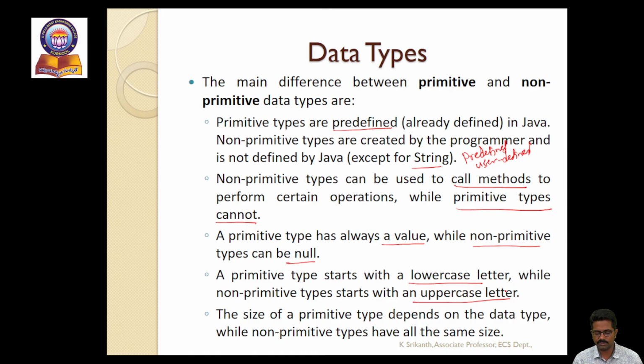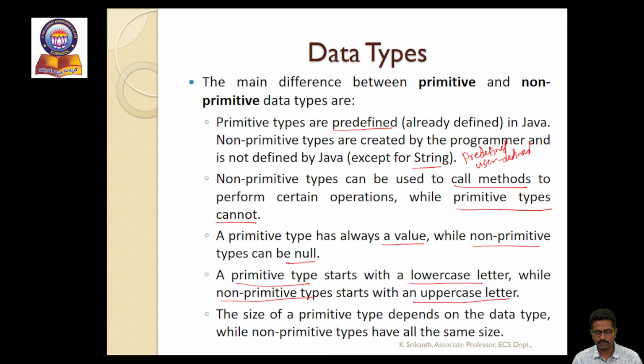It is a convention followed by the Java inventors. So by seeing the variable name, we can guess whether it is a primitive or non-primitive data type. If it starts with a lowercase letter, it is primitive. If it starts with an uppercase letter, it is non-primitive.